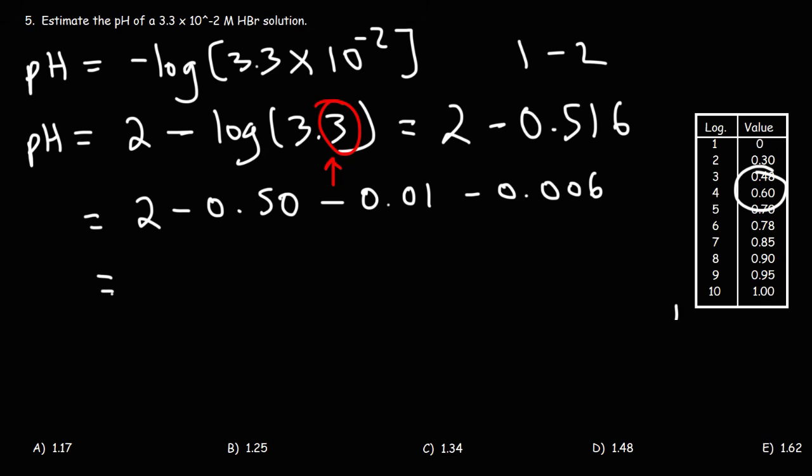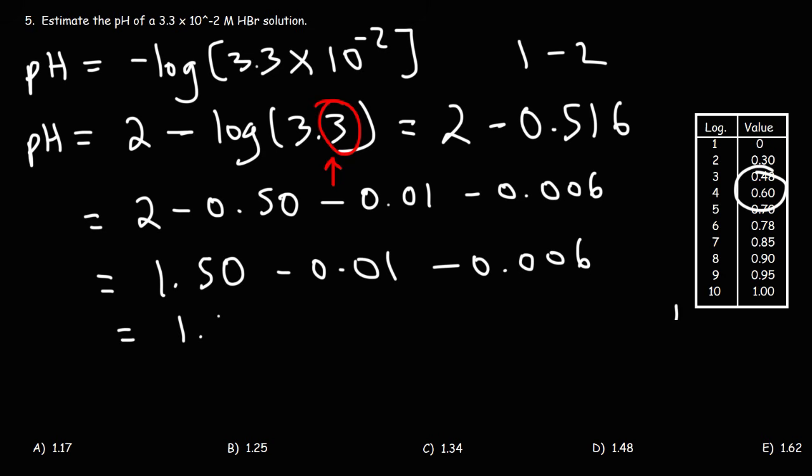So 2 minus 0.5, we know that's 1.5, or 1.50. Now 1.50 minus 0.01, 50 minus 1 is 49. So this is going to give us 1.49. And then minus 0.006, so let's add a 0 here. 490 minus 6 is 484. So 1.49 minus 0.006, that's going to be 1.484.